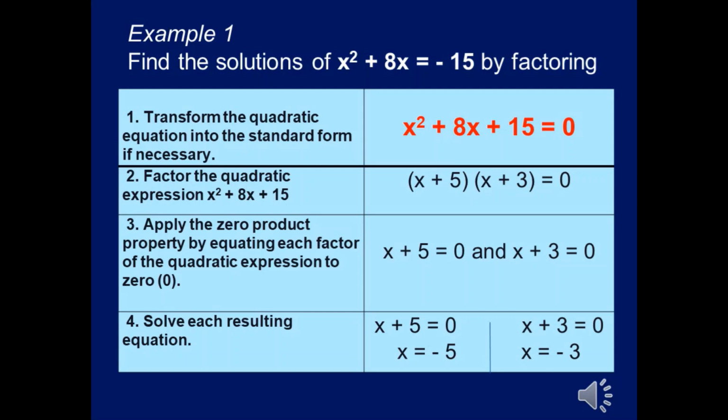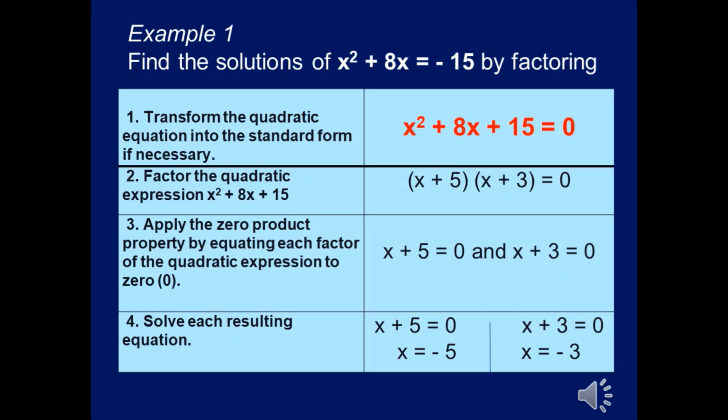Then number 2, we need to factor the quadratic expression x squared plus 8x plus 15. By factoring, we get the factors x plus 5 and x plus 3 equals 0. After that, we apply the zero product property by equating each factor of the quadratic expression to 0.